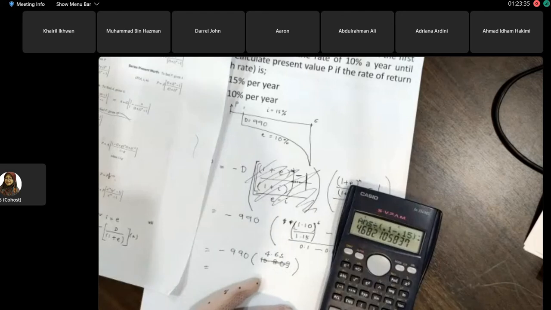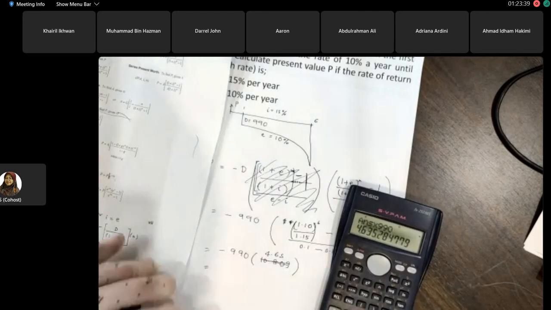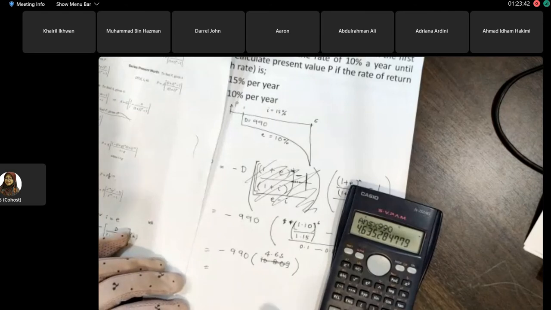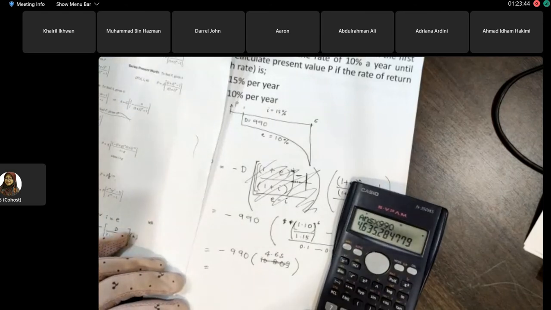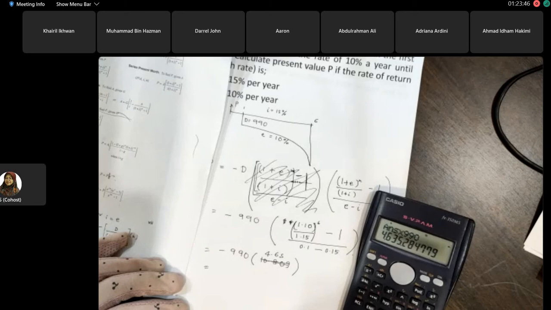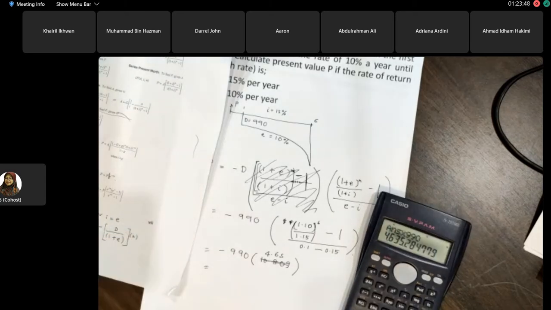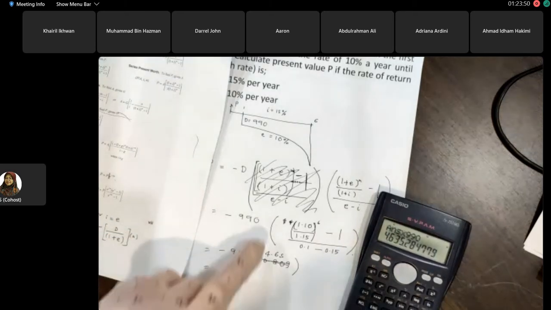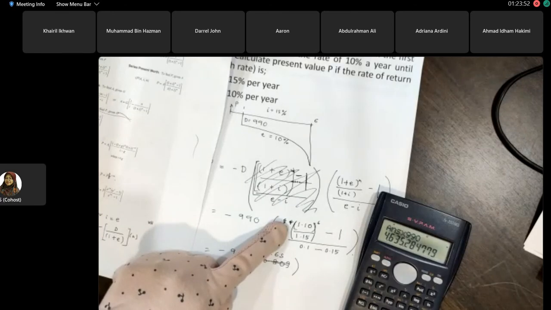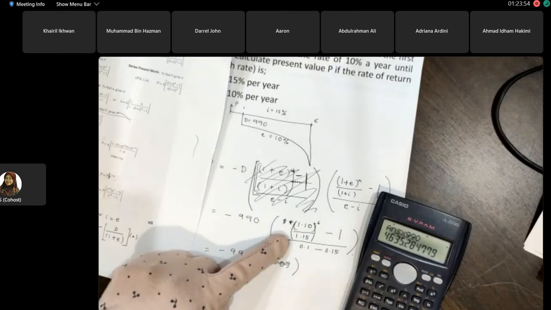Oh. 990. Bismillah. Dia 1 power of N plus.